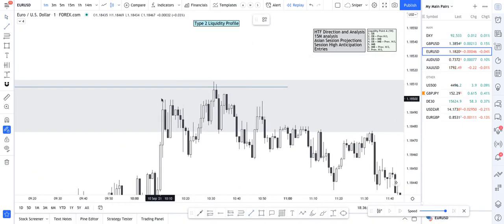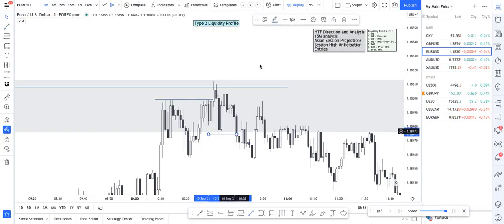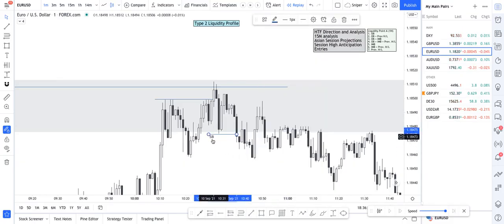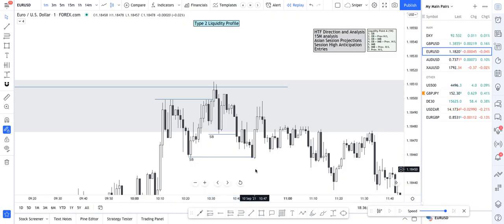So again, we can identify that we've reached this area. We can see we created equal lows, equal highs. We've swept those equal highs and we started pushing down, and we started breaking structure towards the downside. Structure break over there, and we have, it's not really a structure break, but almost.